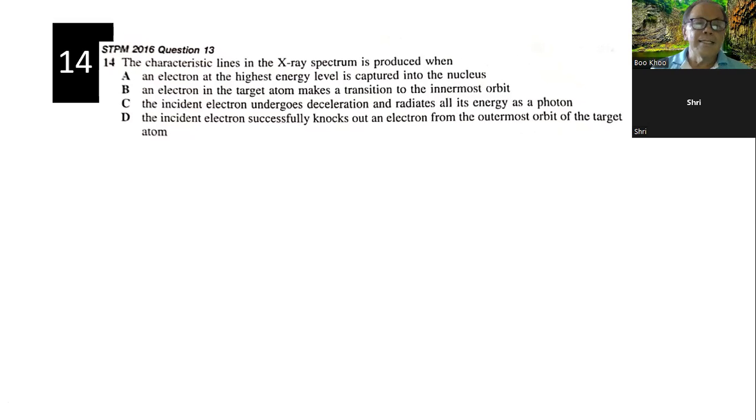The characteristic line in X-ray spectrum is produced when? What is the answer? What is your answer? All this you must have at your fingertips already.